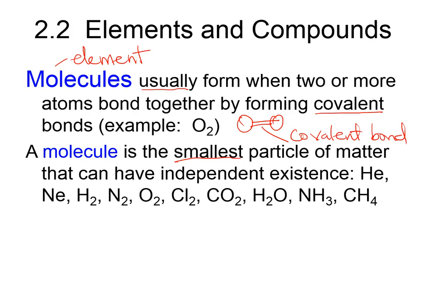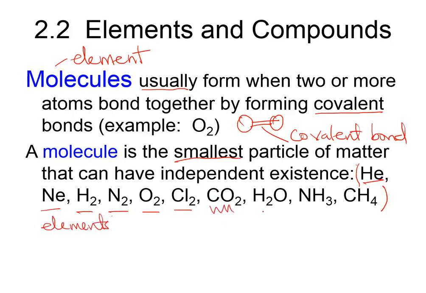So a molecule is the smallest particle of matter that can have independent existence. So these are the examples of molecules, or they were. Within the molecules that we have this, all the way to this. These ones are elements. So both of them are molecules.